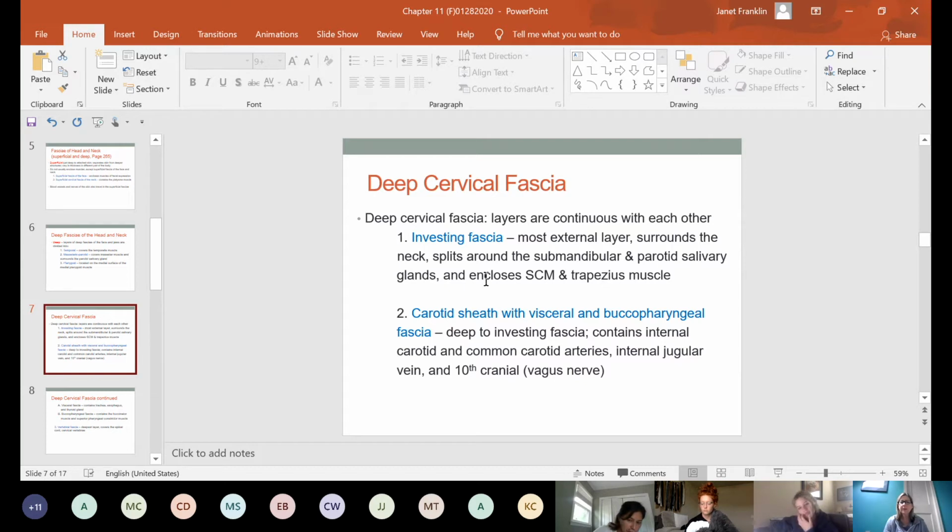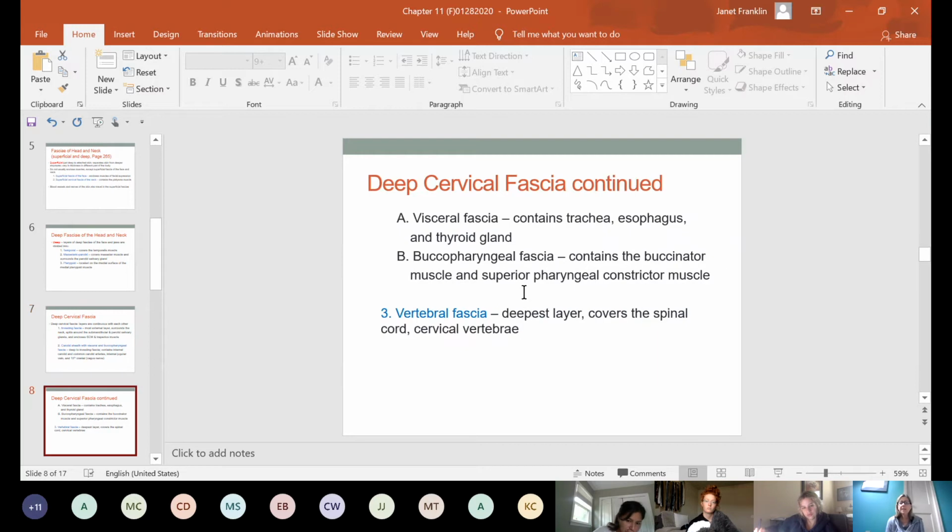The carotid sheath contains the internal and common carotid arteries and the internal jugular vein. So if you think about this, your investing fascia contains your sternocleidomastoid and trapezius. They sit closer to the skin. Deep to them are your common carotid and your internal jugular, more toward the midline.